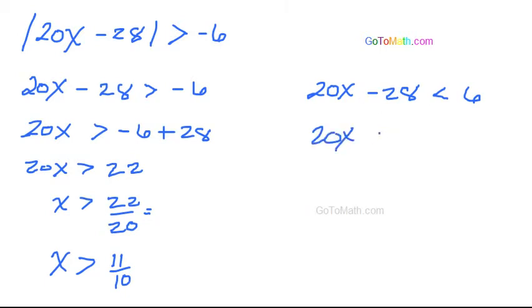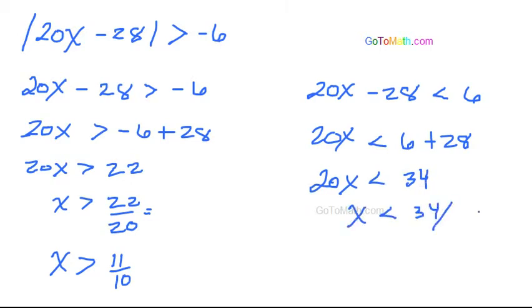So we have 20x is less than, those teachers can be tricky. We have 28 plus 6, which is 34. So 20x is less than 34, and so x is less than 34 over 20, which reduces to 17 over 10.